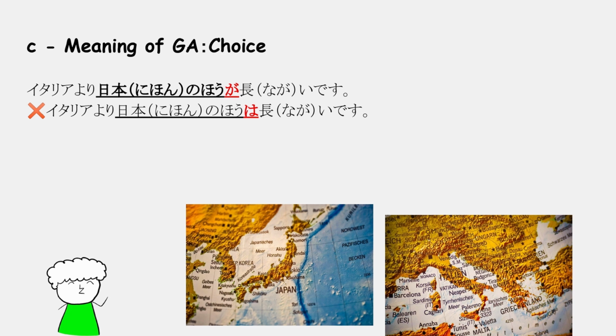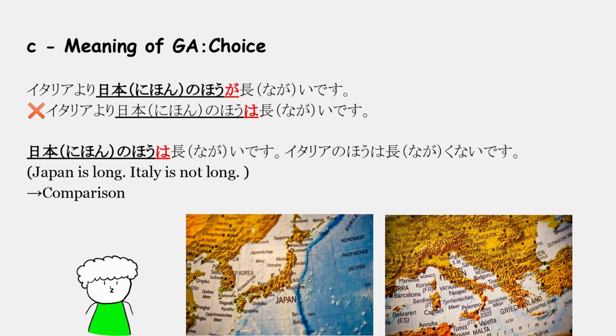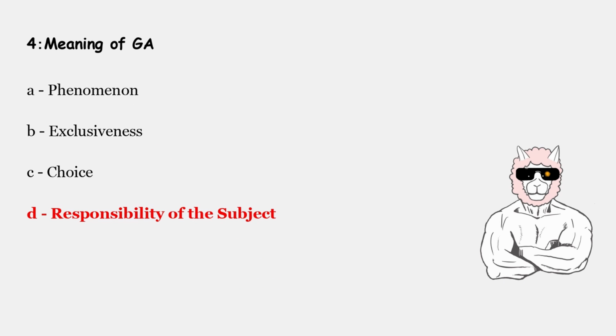But we can say without saying イタリアより like 日本の方は長いです。イタリアの方は長くないです. Because when we use より, the phrase becomes that of the choice, so we need ga. But without saying より and with wa, the phrase becomes that of comparison or other wa options. Is it clear?